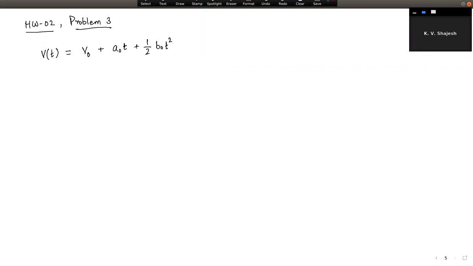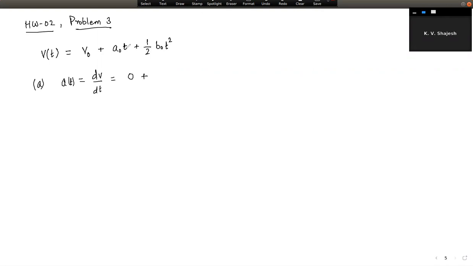Part A asks us to calculate the particle's acceleration as a function of time. Acceleration is the derivative of velocity with respect to time. When we take the derivative, v naught, a naught, and b naught are not explicit functions of time, so that's 0.